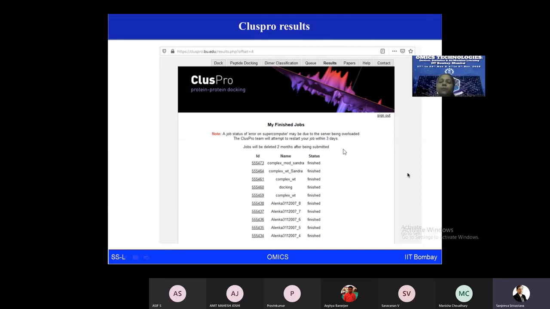So it is suggested that if we are doing protein docking studies uploaded in ClusPro, we should download the files as soon as possible after the status shows finished.